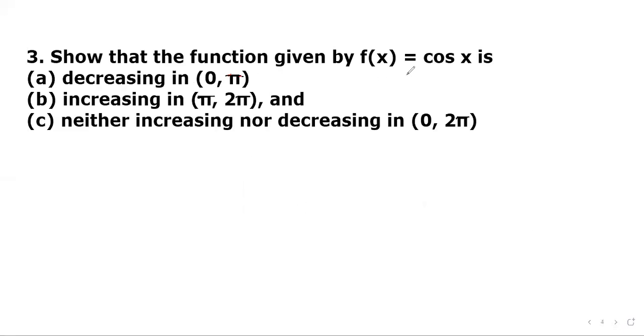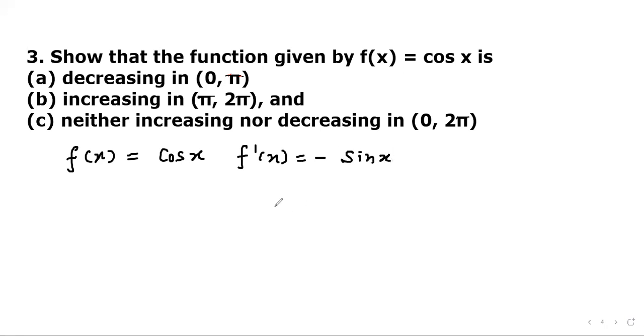Show that the function given by f(x) equals cos x is decreasing in 0 to pi, increasing in pi to 2 pi, and neither increasing nor decreasing in 0 to 2 pi. Let's see. Here we are given f(x) equals cos x. Now f'(x) will give minus sin x. f'(x) equals minus sin x.